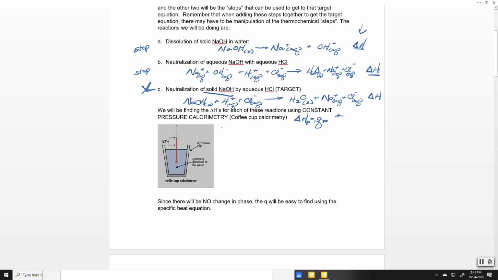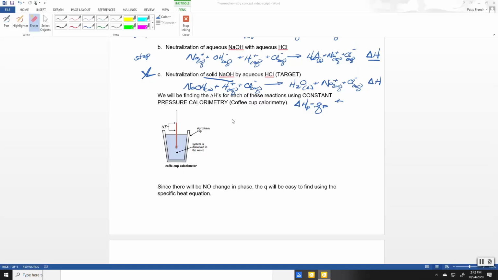Now remember that in any kind of calorimetry, we have to obey the first law of thermodynamics, which means that effectively the Q system plus Q surroundings is equal to 0.